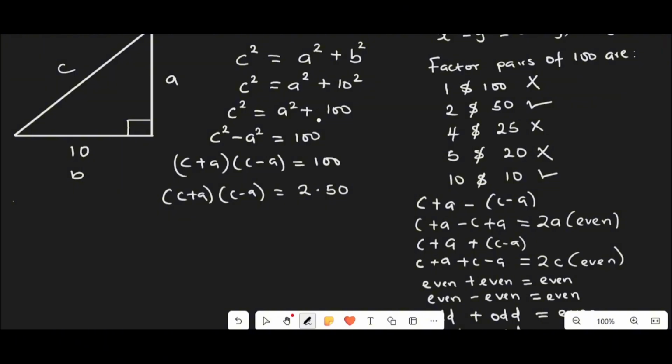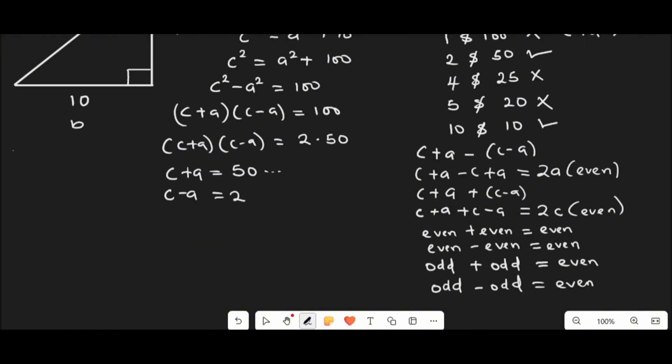That means C plus A is greater than C minus A. So let us equate C plus A equal to 50 and C minus A equal to 2.